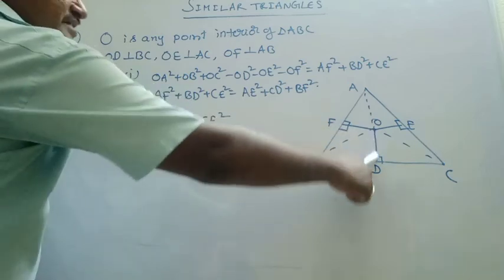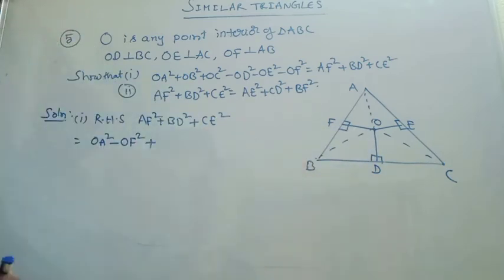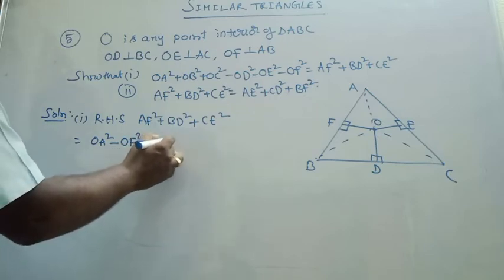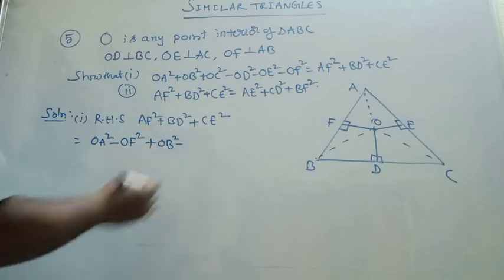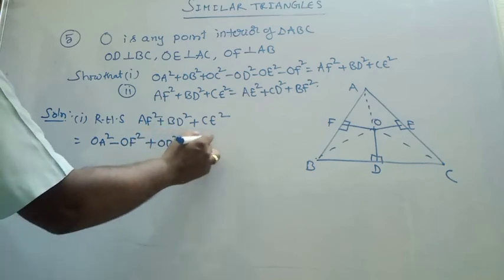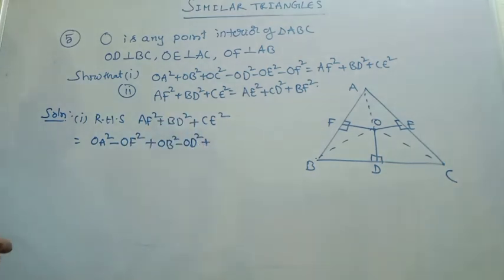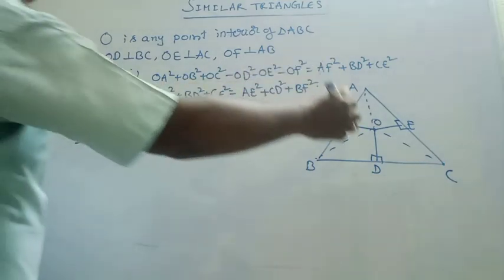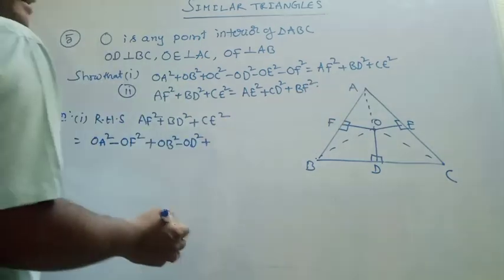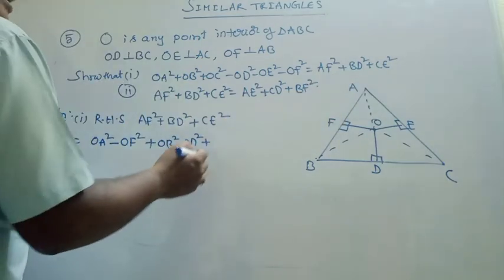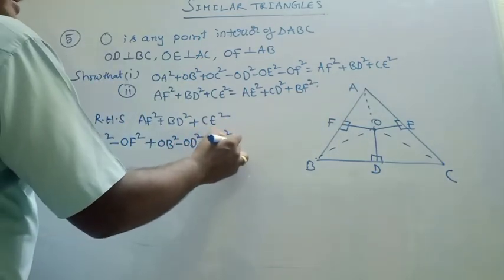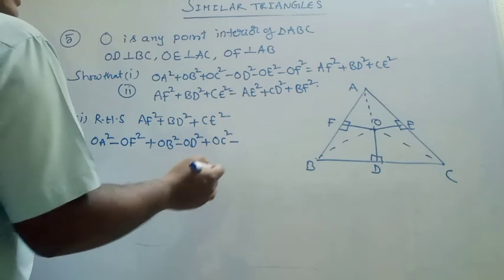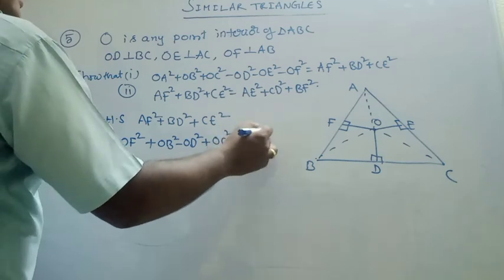Here also ODB is a right angle triangle, so BD square is equal to OB square minus OD square, like this, plus CE square. OCE is also a right angle triangle, so CE square is equal to OC square minus OE square, like this.